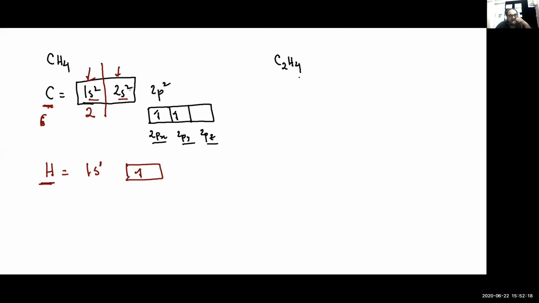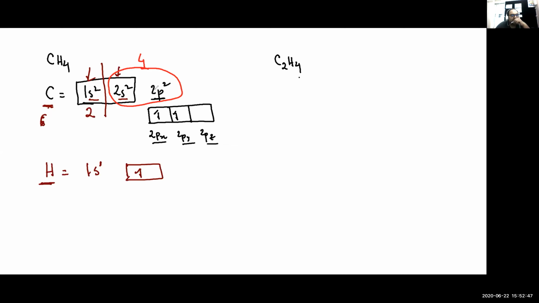So how many does the second shell have? 8. No. 4. Yes, sir, it's 4. Out of 4, the 2s has 2 electrons, and the 2p has 2 electrons. Are you clear up to this?